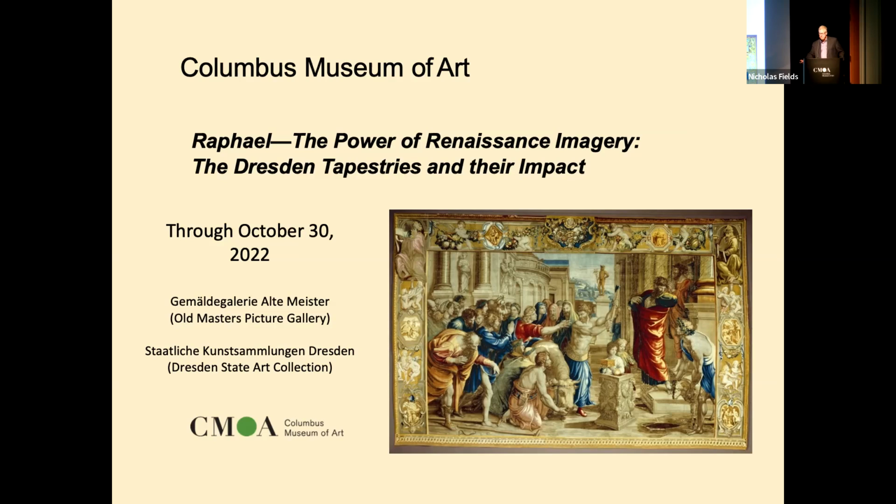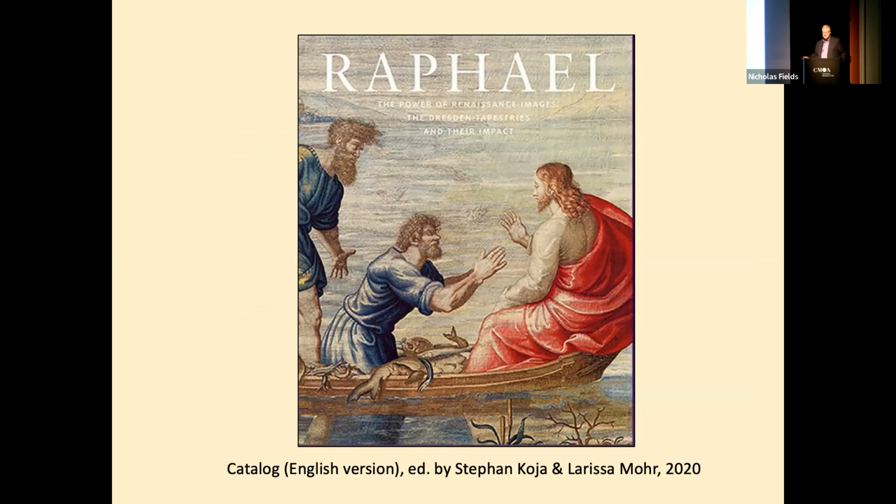And I'll be abbreviating in some of the captions for the slides. You'll see GAM, Gemäldegalerie Alte Meister. I made some typos a couple of times and I put GMA, like Good Morning America, but it's GAM, Gemäldegalerie Alte Meister. And then SKD is for the State Art Collection. And there is a catalog that accompanies this exhibition in English.